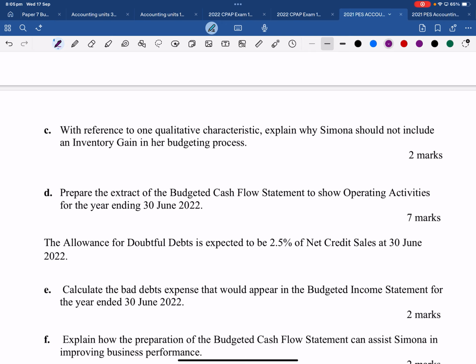Without actual value, it is really unrealistic to budget. Budgeting inventory gain is unrealistic. So what do you think the characteristic would be? Yes, Chetan. So the budgeting characteristic is relevance. But for this one, not relevance. Faithful representation, yes? Okay, you read it?